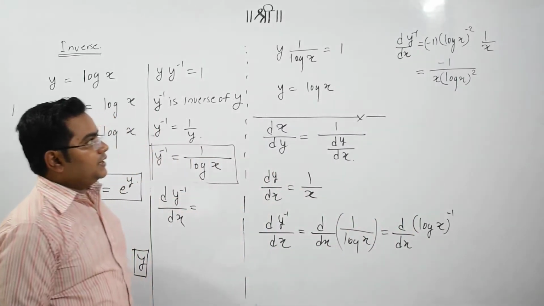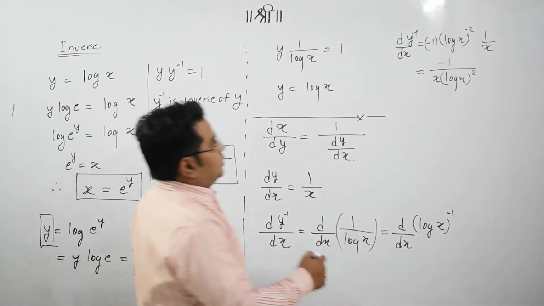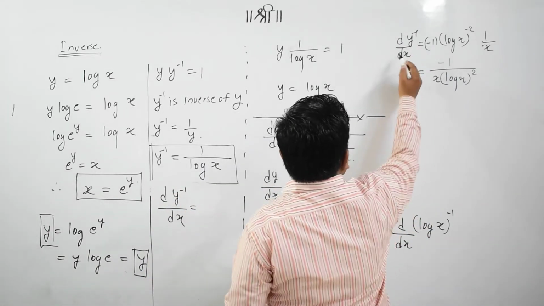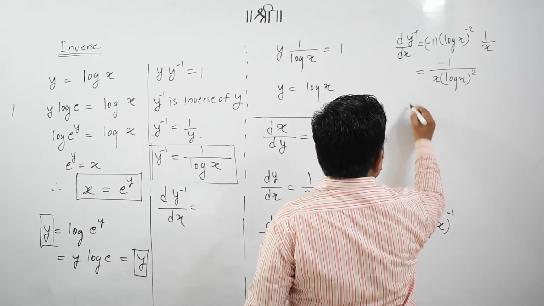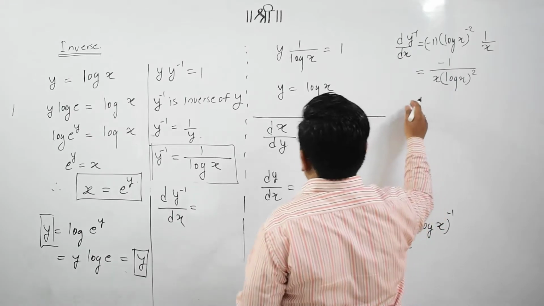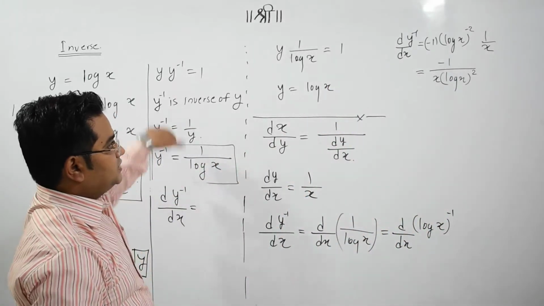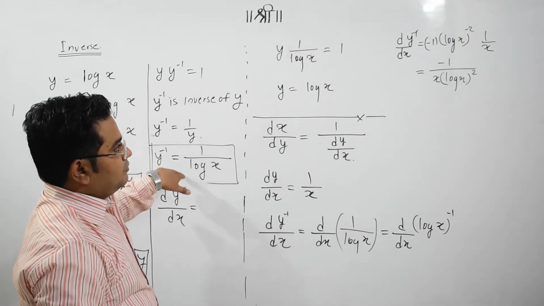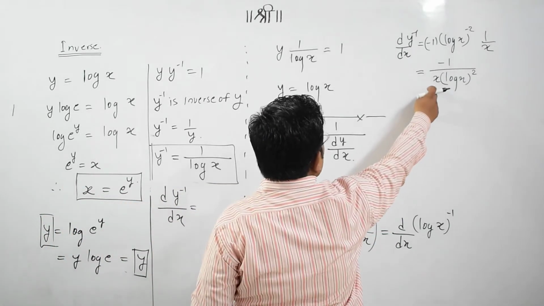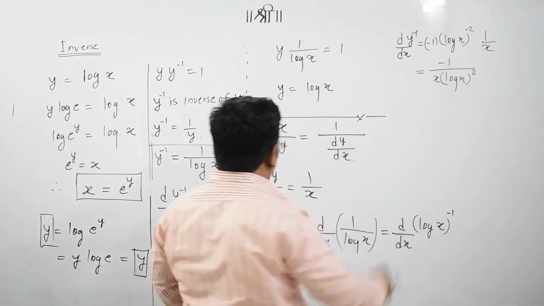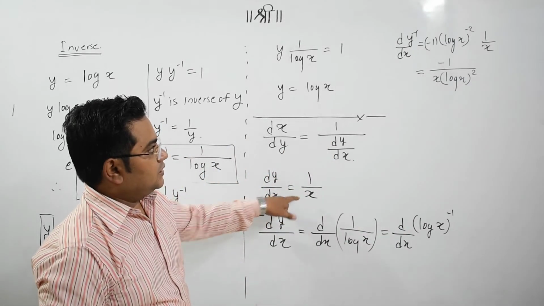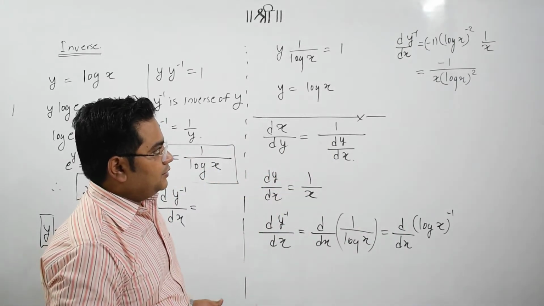Hope you are getting this thing. Now if I say this is x, okay, so for this equation, this is the inverse of this function. Then if I multiply this equation into this equation, can we get our required value?